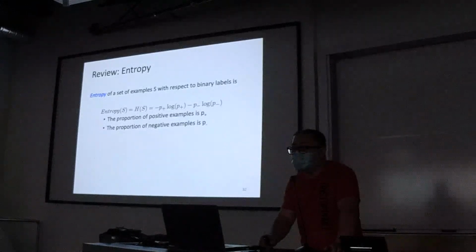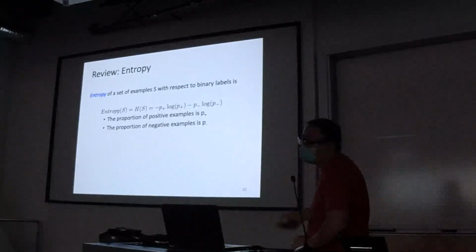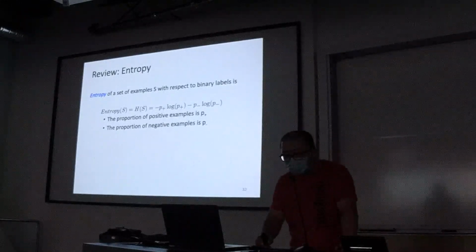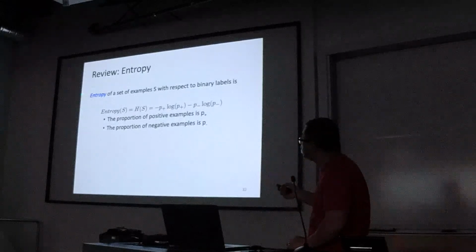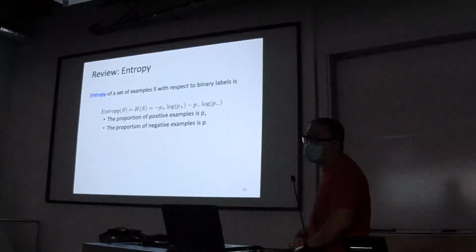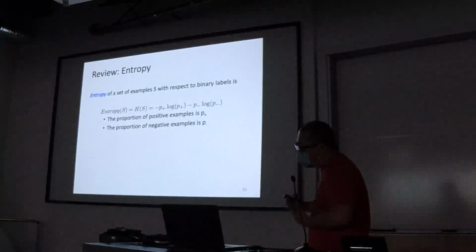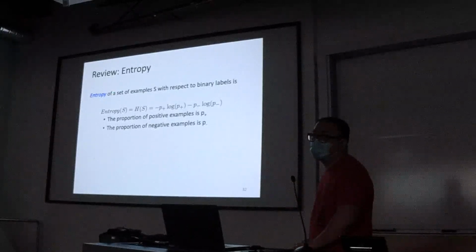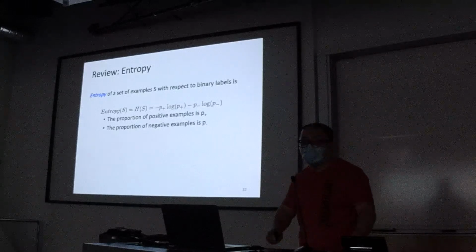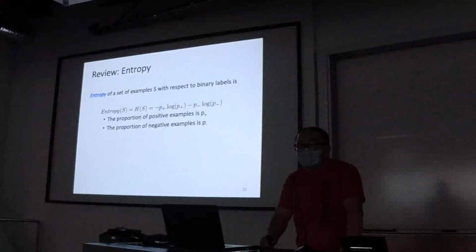How many of you have heard of entropy? Okay, great. So entropy is used to measure the uncertainty about the labels in a data set. Given a set of examples S, we can calculate entropy, which measures how uncertain I feel about the labels in S. Obviously, if your labels are very balanced, I'm most uncertain.